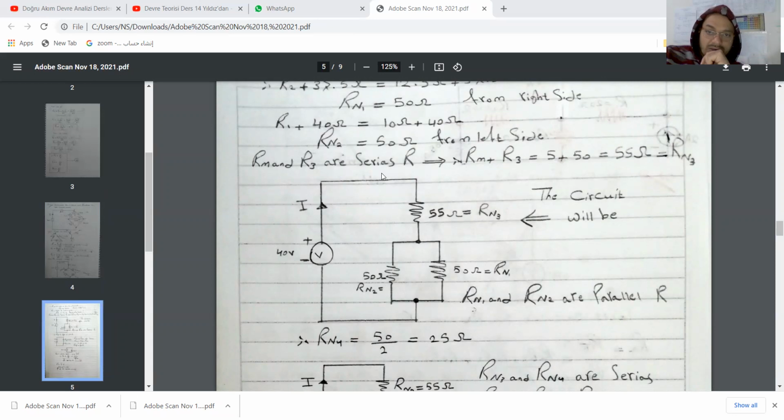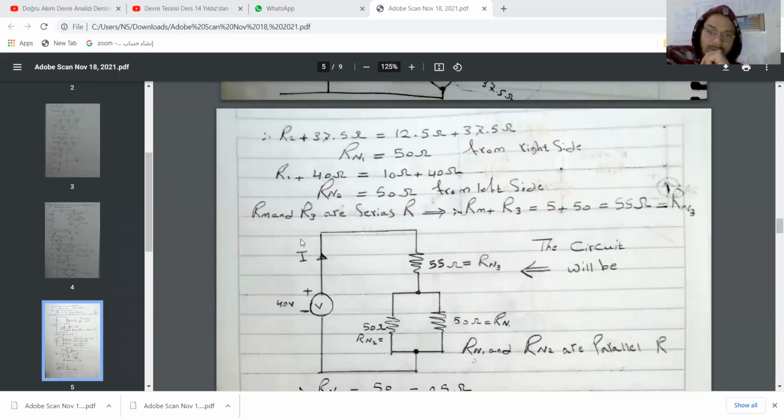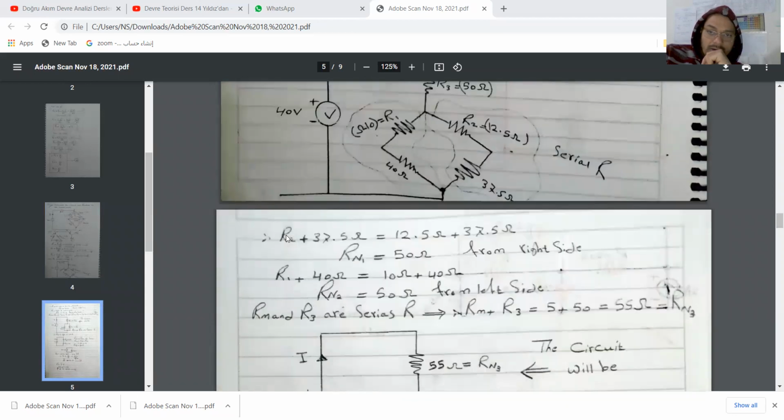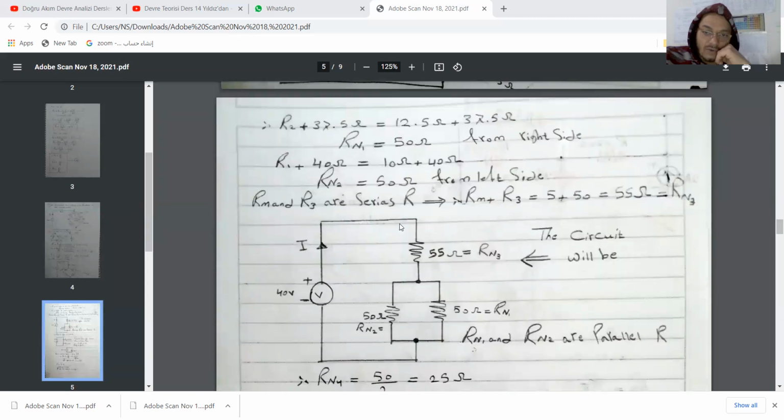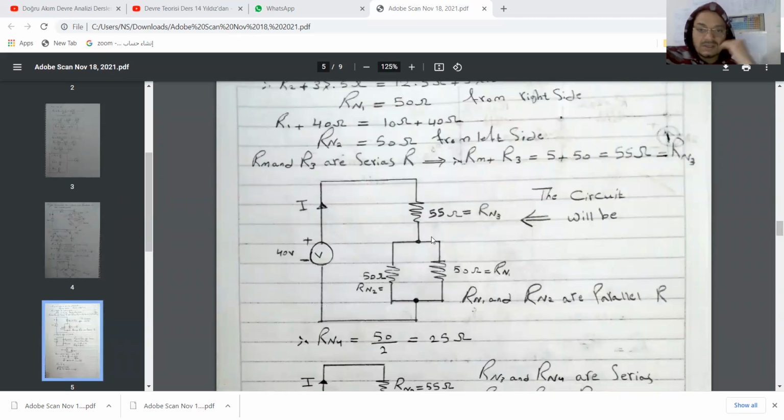R3 and Rm, let me show here this Rm 5 ohm and R3 are series, because that we can calculate all of them to find R3n equal 55 ohm, like here.